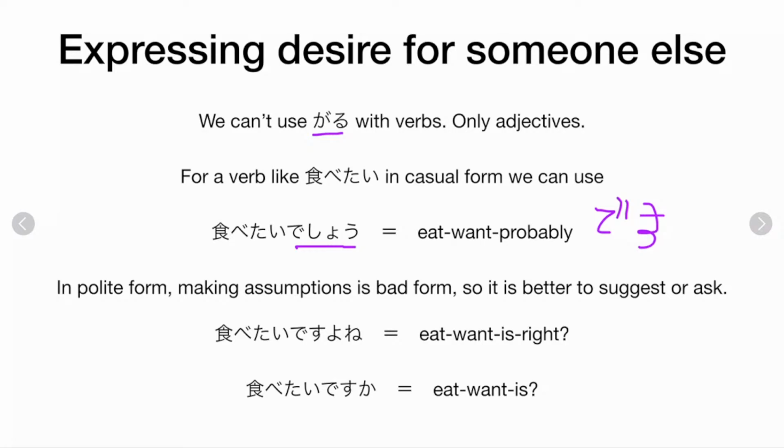Or if you're in polite form, you can just ask it as a question, right? Tabetai desu ne, right? Or tabetai desu ka. Desu ne, this is like seeking confirmation. So it's like, hey, you want to eat it, right? It's a hypothetical, rhetorical question. So you're seeking kind of a response, but you know what the response is going to be because you can see it on their face. But you're not allowed to just say that they want to eat it. You have to ask either allegorically or directly with tabetai desu ne or tabetai desu ka.